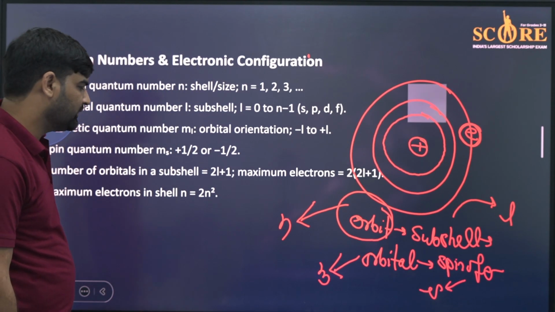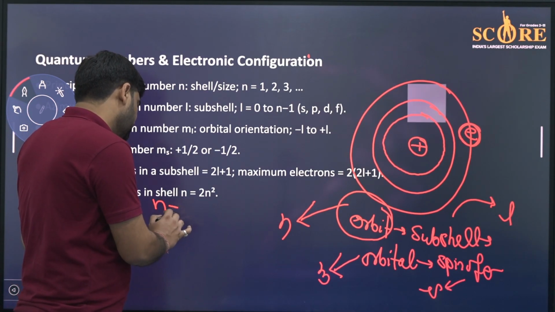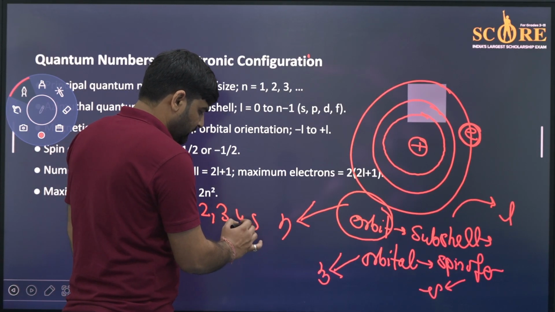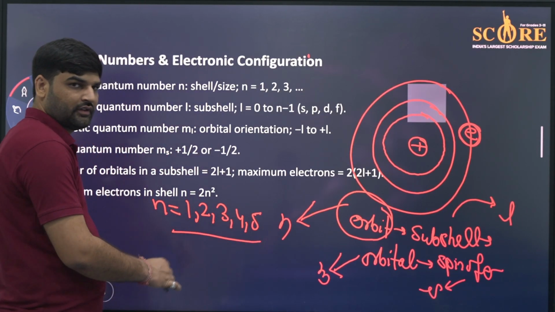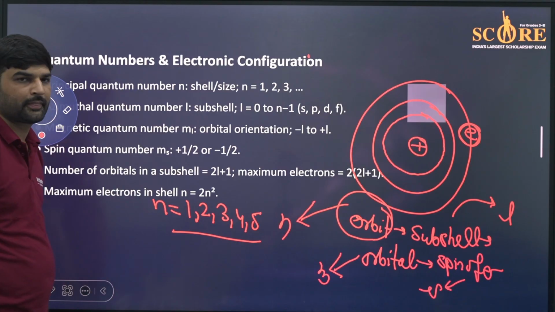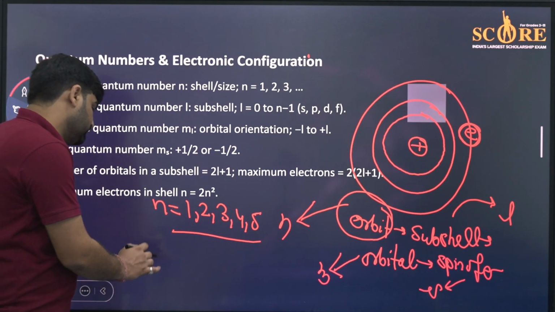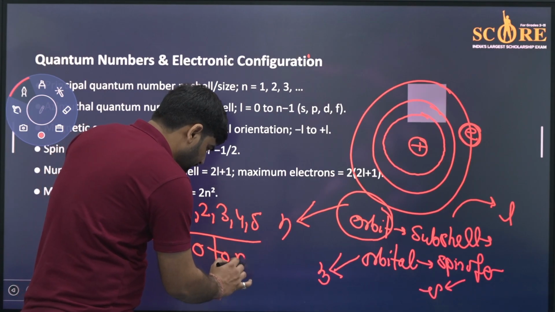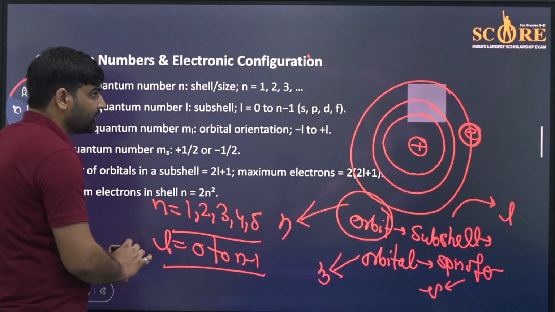The principal quantum number has values like 1, 2, 3, 4, 5, and so on. The azimuthal quantum number has values 0 to n minus 1.